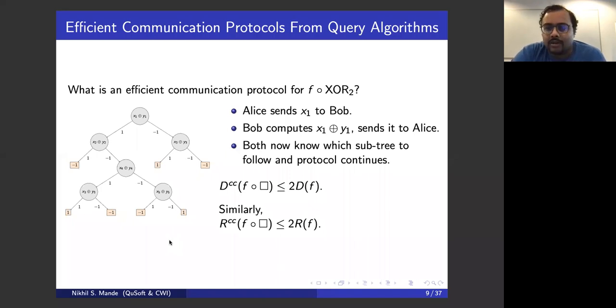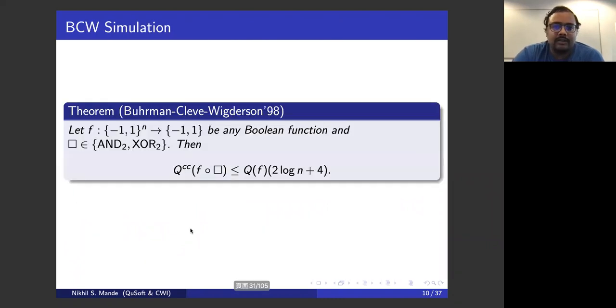Now, what happens in the quantum world? Like I told you, there's no clean decision tree picture in the quantum world, but there is a result of Buhrman, Cleve, and Wigderson from '98 that says that an analogous simulation still holds, but instead of that factor 2 that was there on the previous slide, you have a factor of order log n. The reason this comes in, intuitively, is that you don't simply have to simulate queries of the form xi.